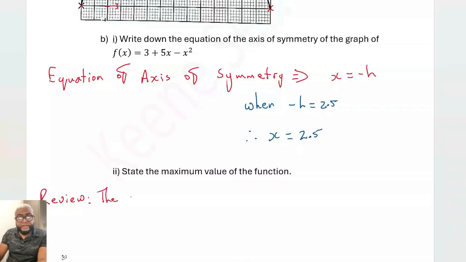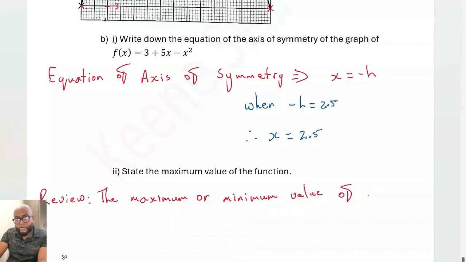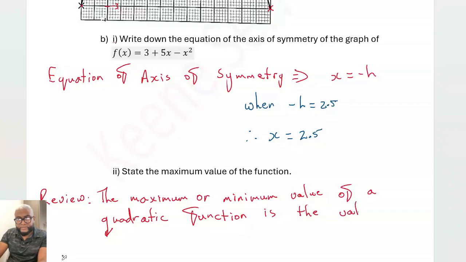Right? The maximum or minimum value of a quadratic function is the value of k, right?